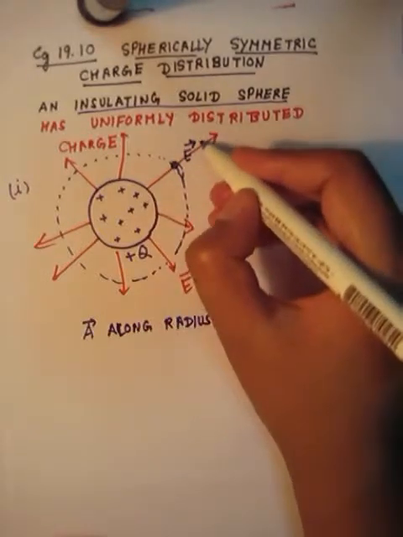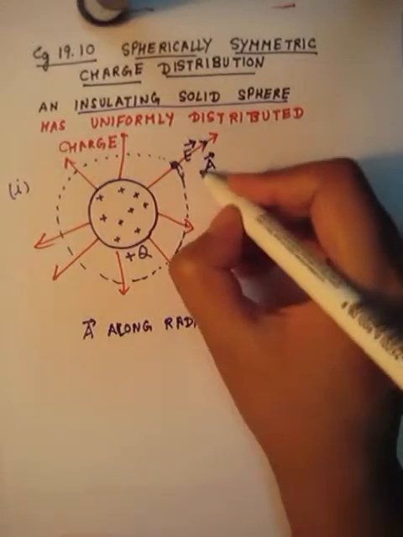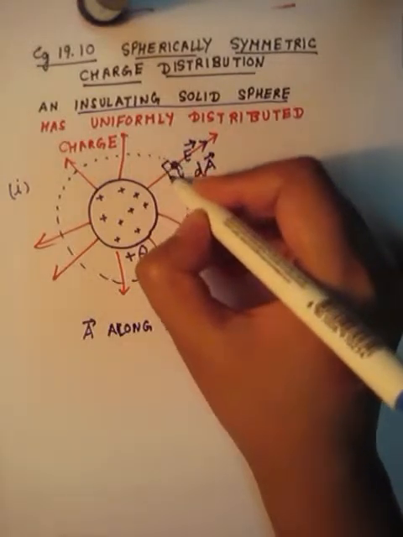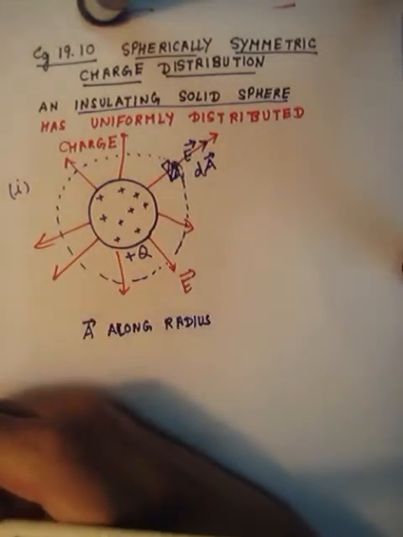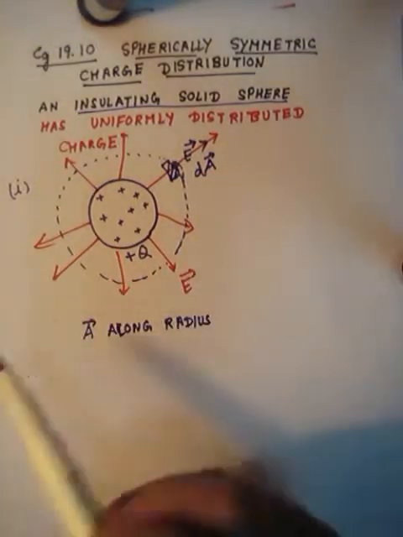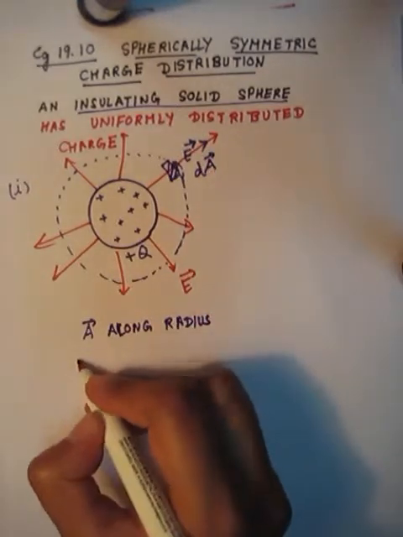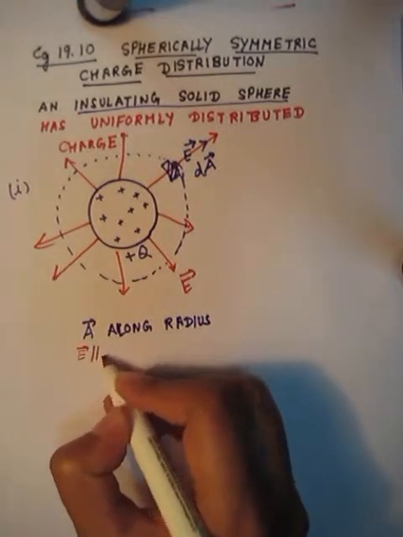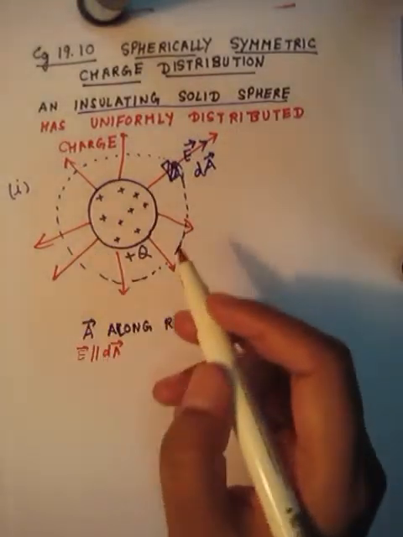So if this is the radius, the area vector will also be in the same direction. Or we can say the dA vector, if we are talking about a small area on the surface, will also be in the same direction. So we now know that the electric field and area vector are parallel to each other, and we have drawn a Gaussian surface.